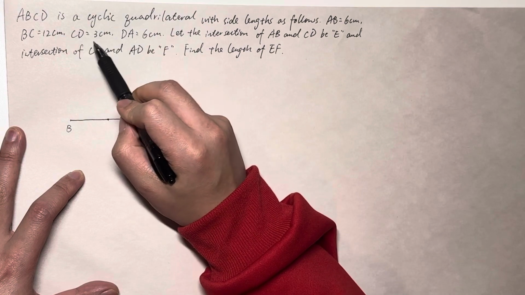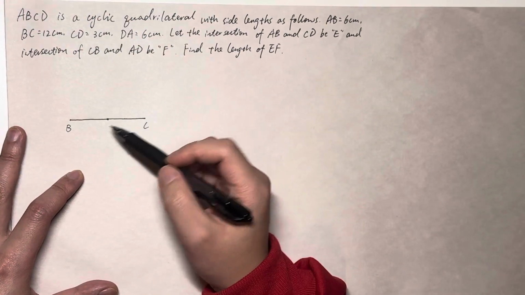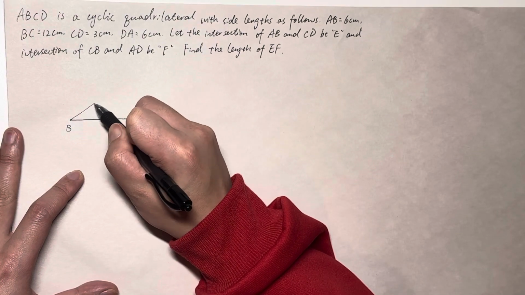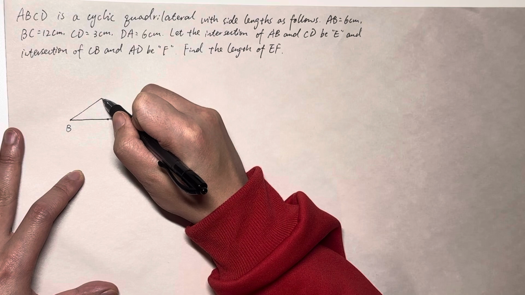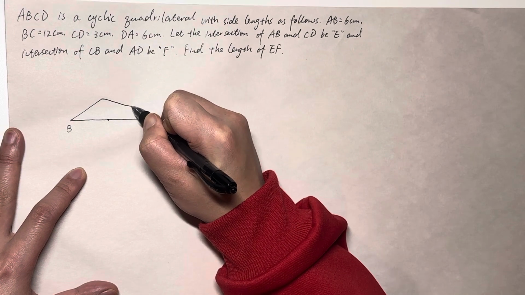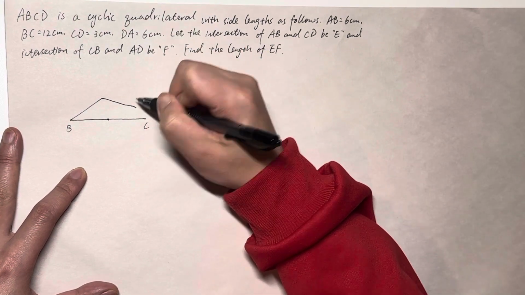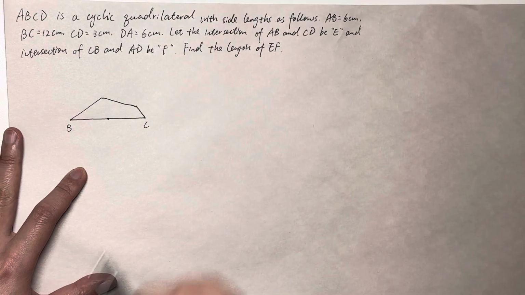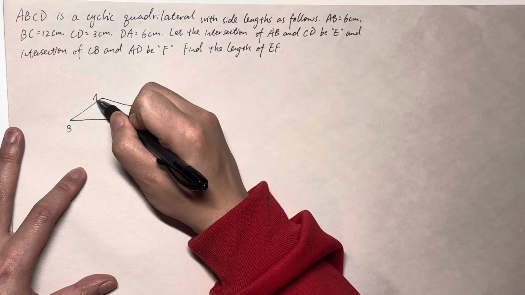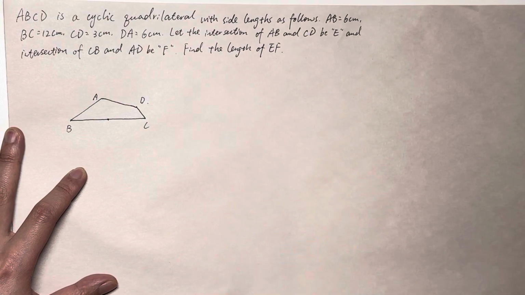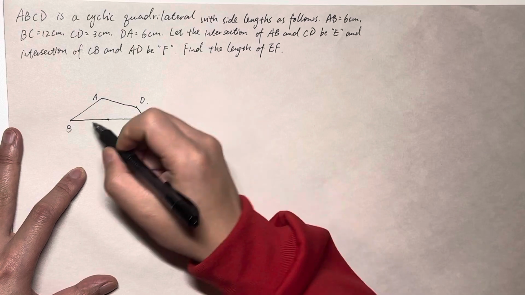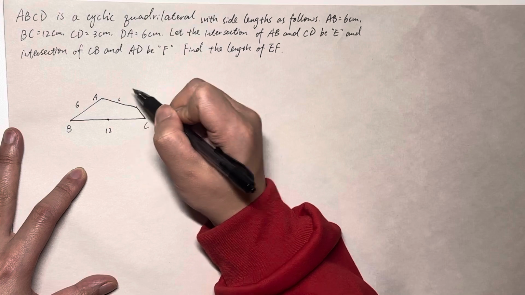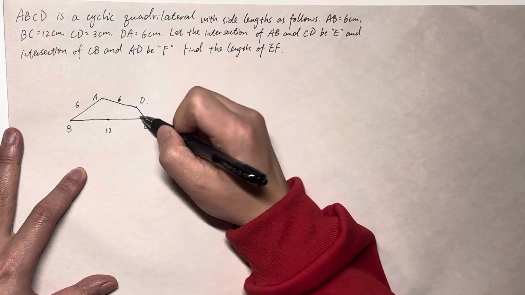And CD is 3 centimeters, that's a quarter of BC. Roughly it looks like this, right? So BC is 12, AB is 6, AD is 6, and DC is 3.